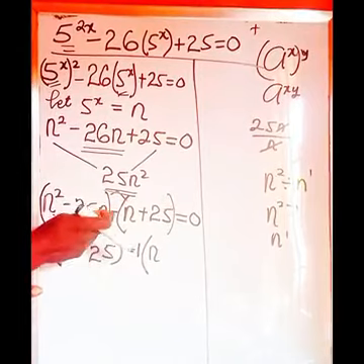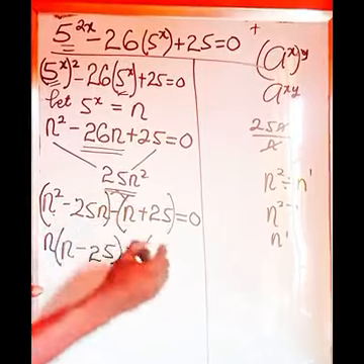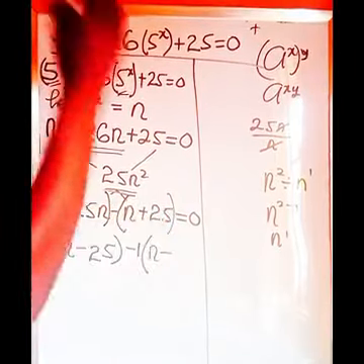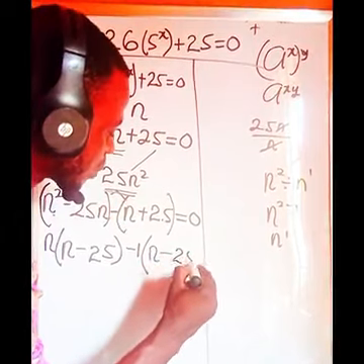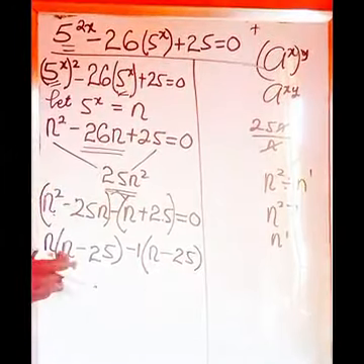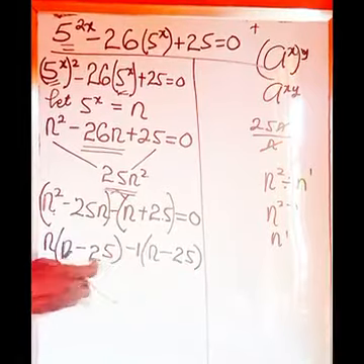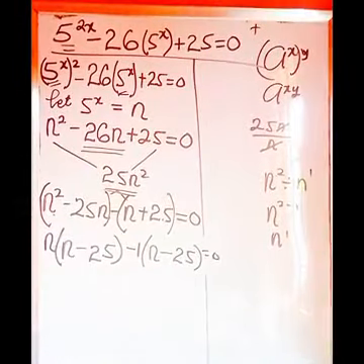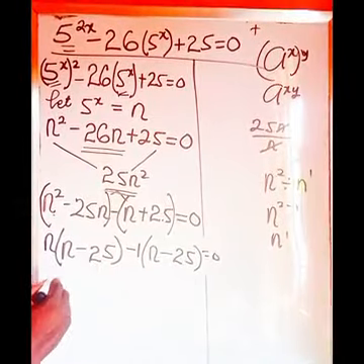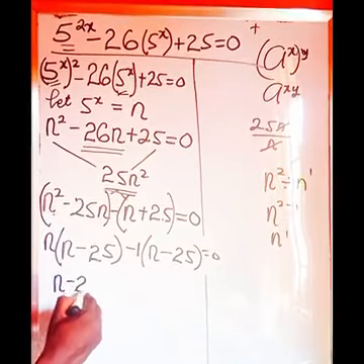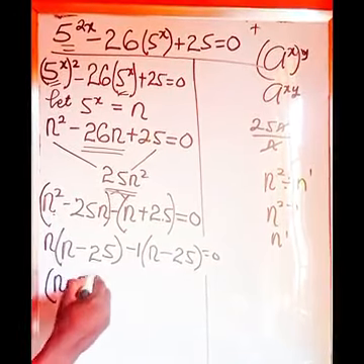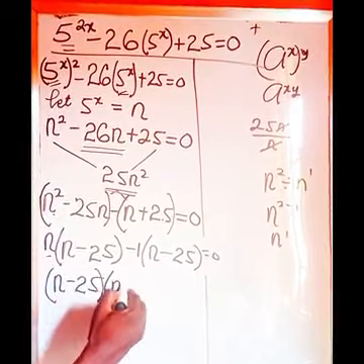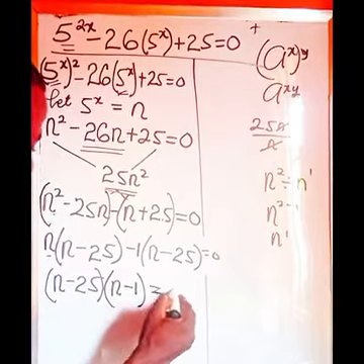Minus dividing plus will give us minus. It's just 25. Now, since these are common, equals 0. So we now pick one of these, n minus 25, into n minus 1 equals to 0.